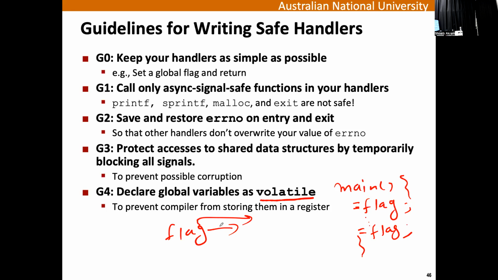And you can prevent that with the volatile keyword. The volatile keyword in C tells the compiler to always read the variable from memory, to always read the most up-to-date value of a specific variable from memory.